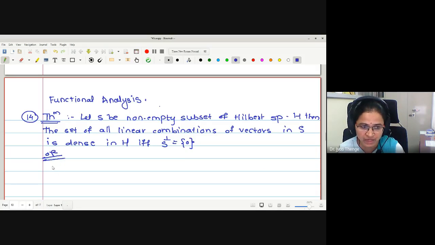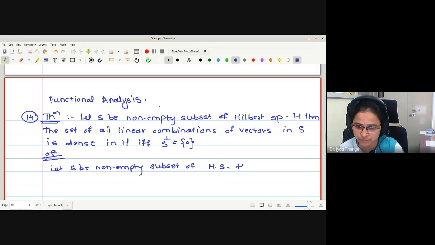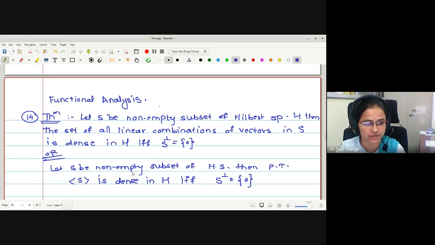Or we can write: let S be a non-empty subset of a Hilbert space, then prove that the span generated by S, this is the set of all linear combinations generated by S, is dense in H if and only if S perp is equal to singleton 0.